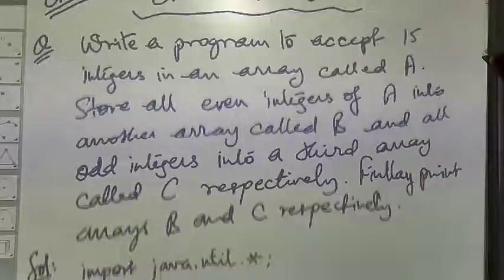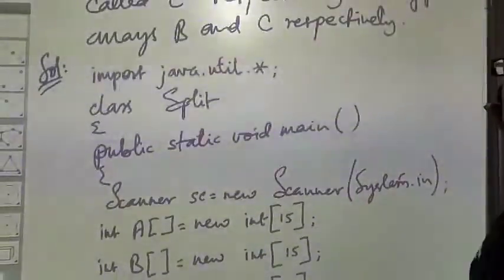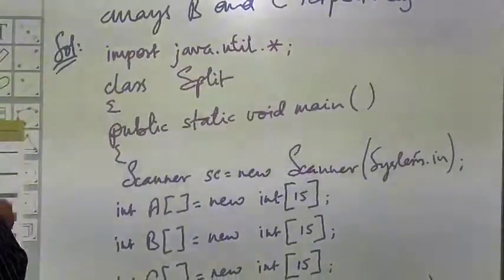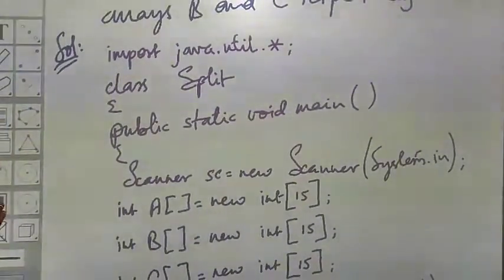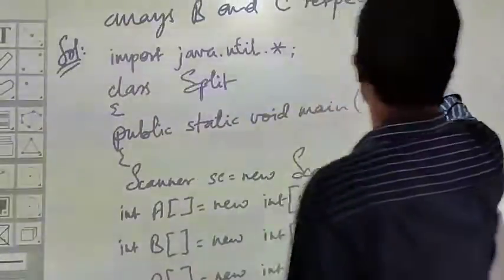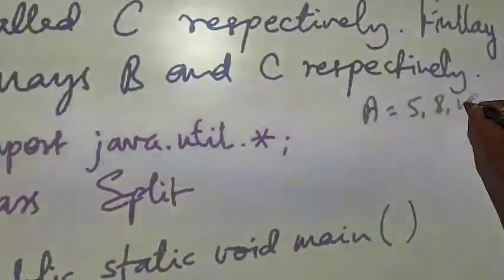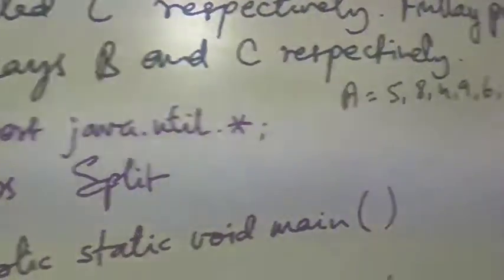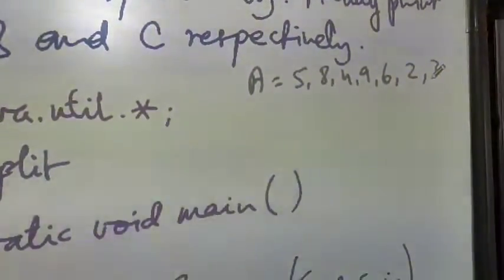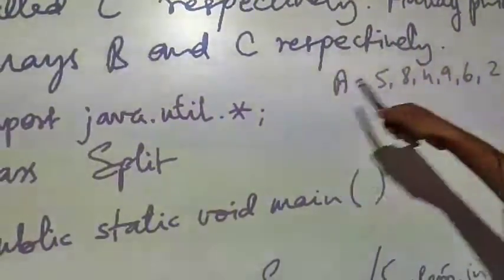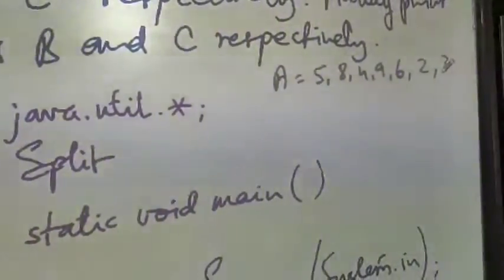So, if you take this as an example, say we have an array A containing 5, 8, 4, 9, 6, 2, 3. So what should B contain? It can be any length. It's written 15 over there, but let's say I have taken only 7.